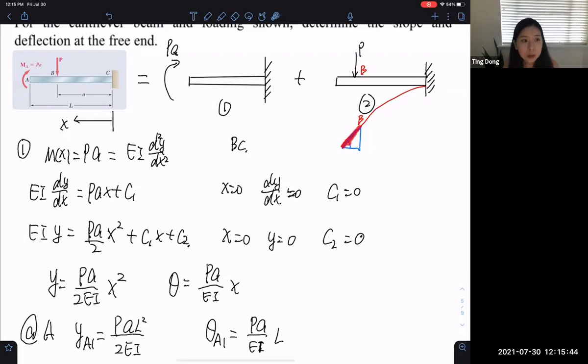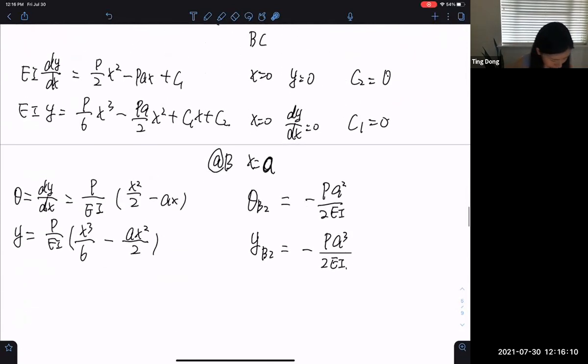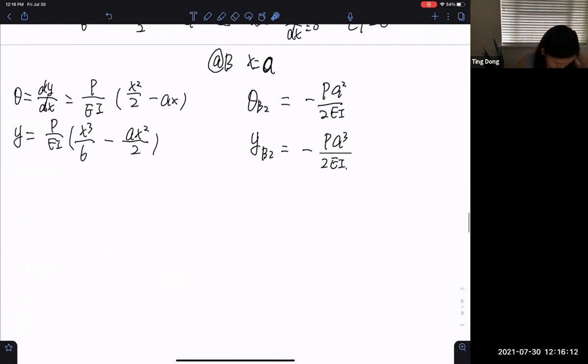This is L minus A, right? We know this angle is equal to the slope at point B. We already calculated. So this part is the extra deflection in this section. So we can use the rotation equal to this distance over this distance. We can calculate the y deflection. Or we use tangent, because it's more deformation, so it doesn't matter.